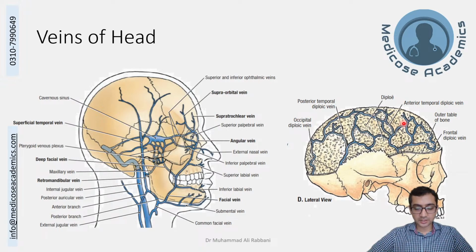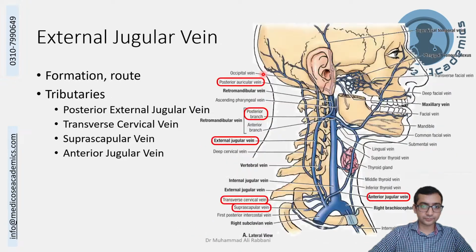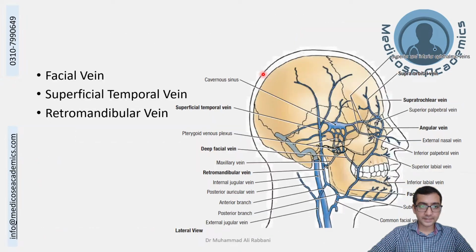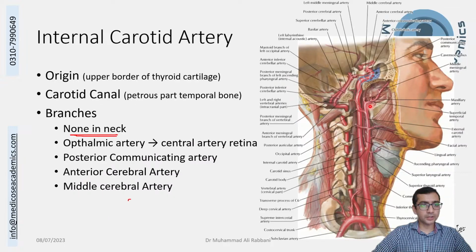These make an anastomosing network, and they are not very properly defined, but because they make a very vast network of veins, let's discuss these. Let's start from here.